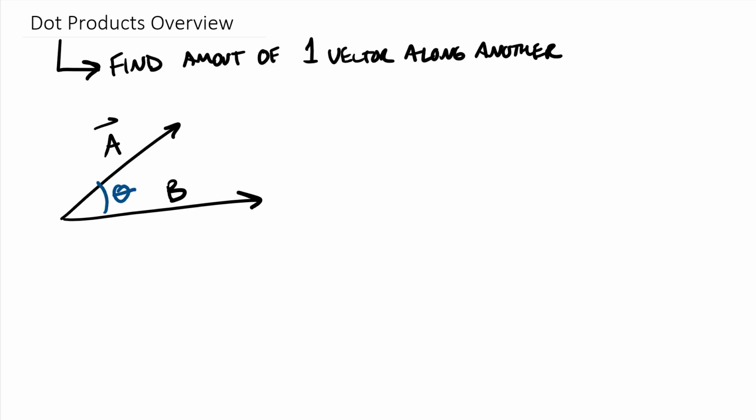So we can write out that A dotted with B, so that's basically the notation for our dot product.